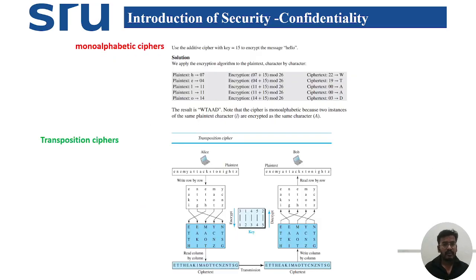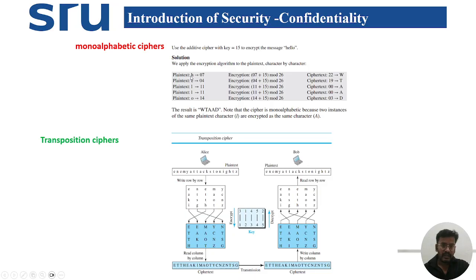So here is one example of how monoalphabetic ciphertext is formed, using an additive cipher with key equal to 5 to encrypt the message hello. The solution: we apply the encryption algorithm to the plain text character by character.